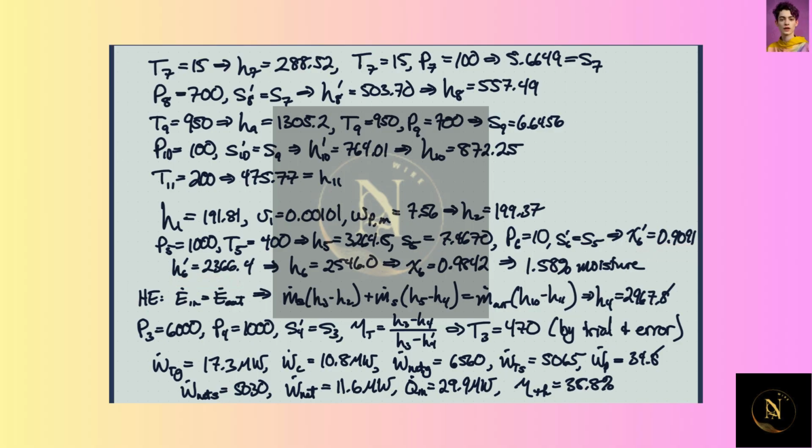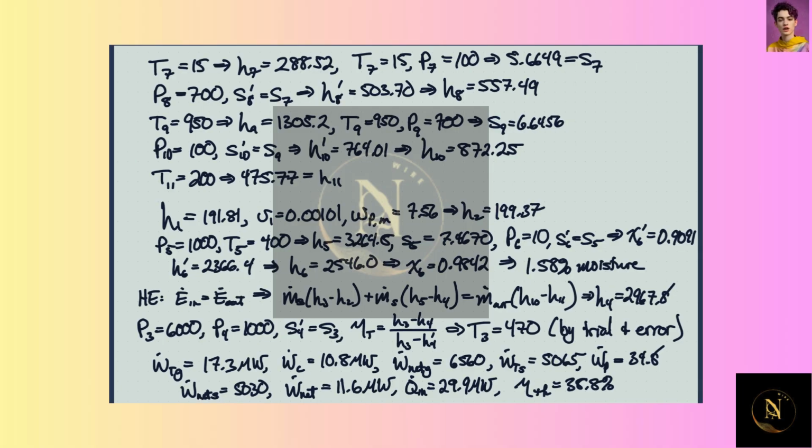And then using the efficiency, we can get the actual enthalpy. And from the actual pressure and the actual enthalpy, we can get the actual quality factor. And then we can figure out what percentage by mass of moisture we have, and it's 1.58% moisture by mass exiting the turbine.